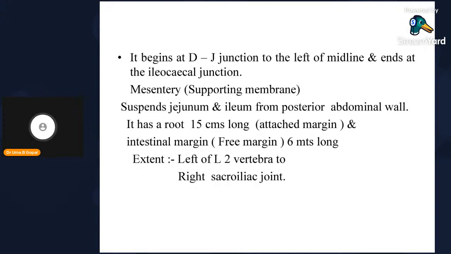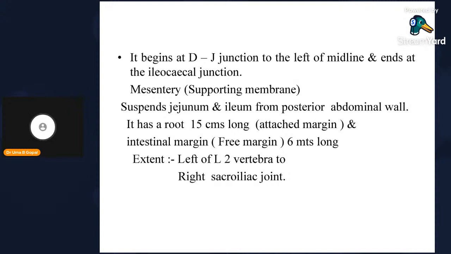The jejunum begins at the DJ junction to the left of the midline and ends at the ileocecal junction. That is the length of the mobile part of the small intestine, jejunum and ileum. It is suspended by a fold of peritoneum called the mesentery, which attaches it to the posterior abdominal wall.